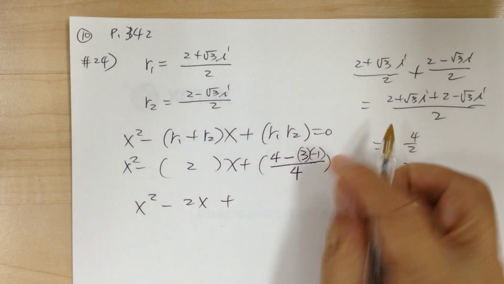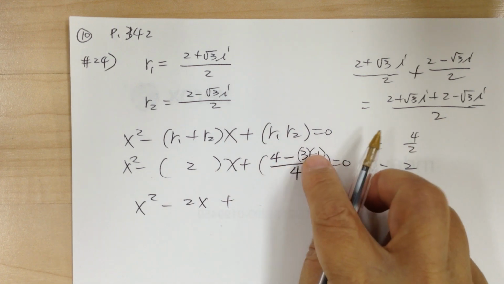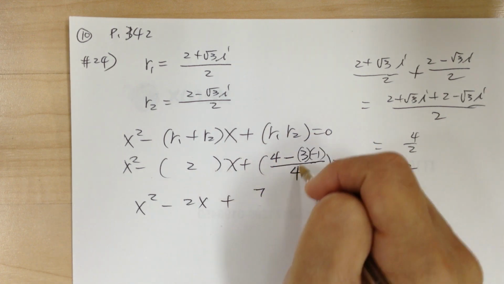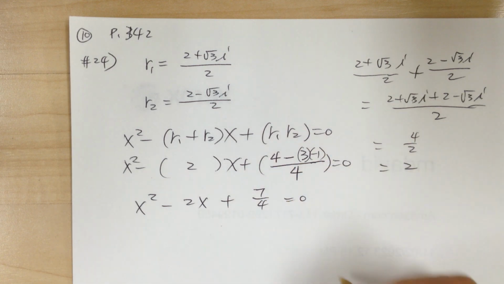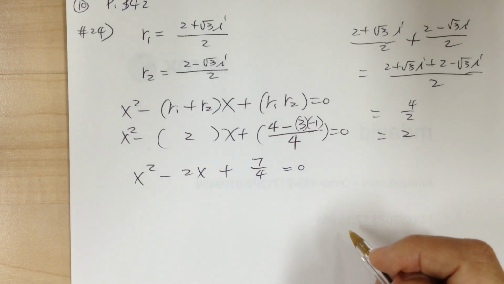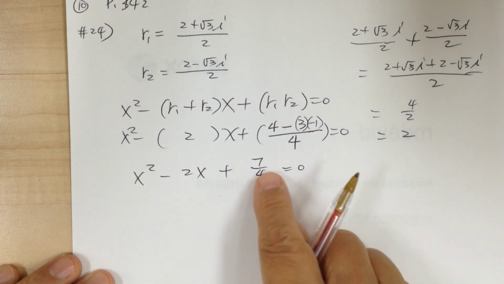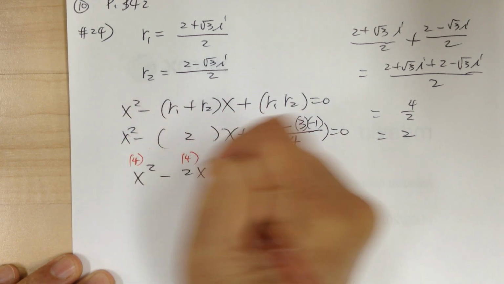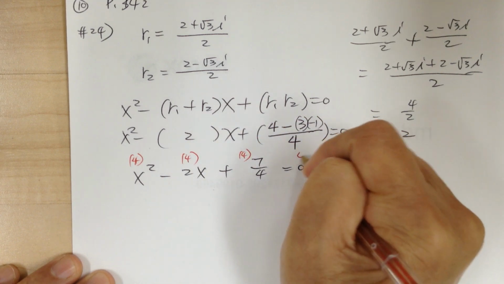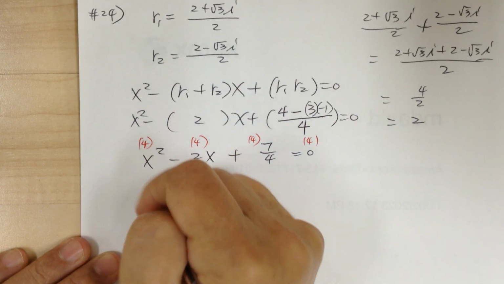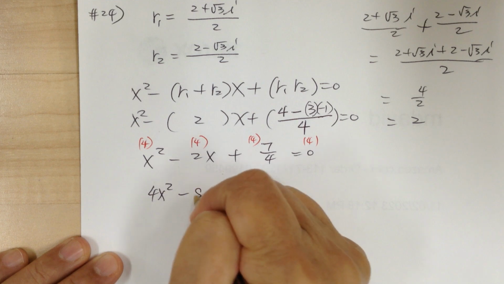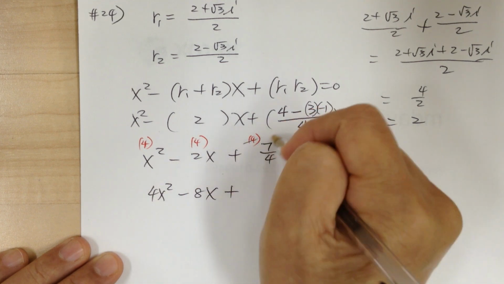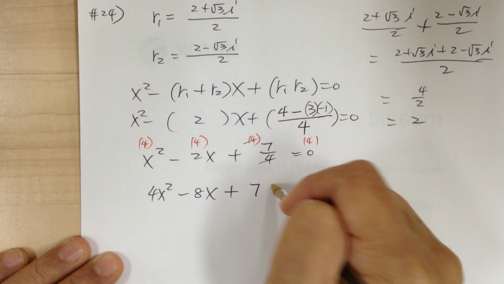So it becomes plus 7 over 4 equal to 0. And then you have to get rid of the fractions. You have to multiply everything by 4. So you're going to get 4x squared minus 8x, plus 7 equal to 0.